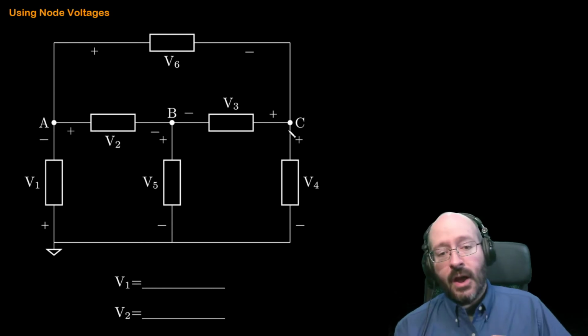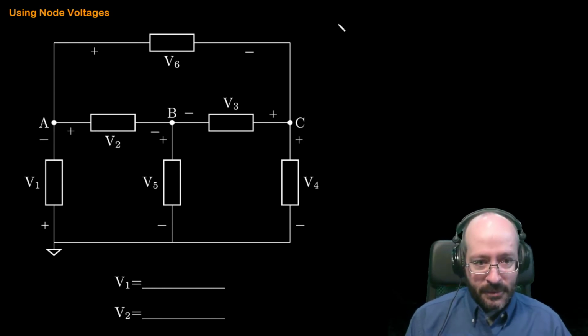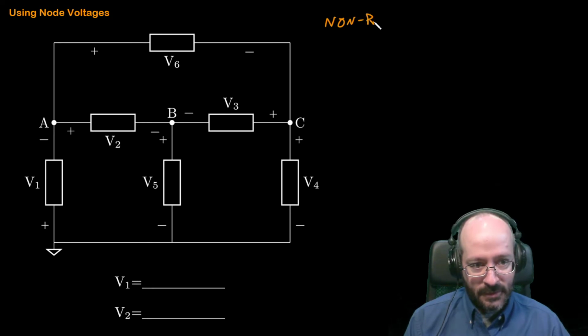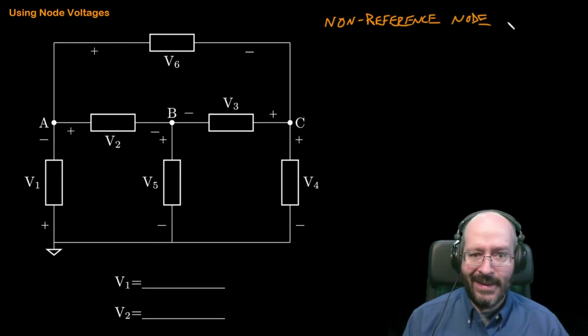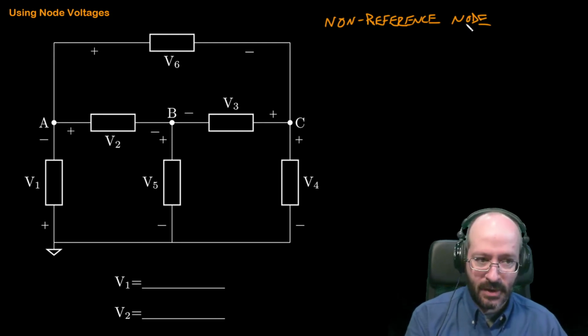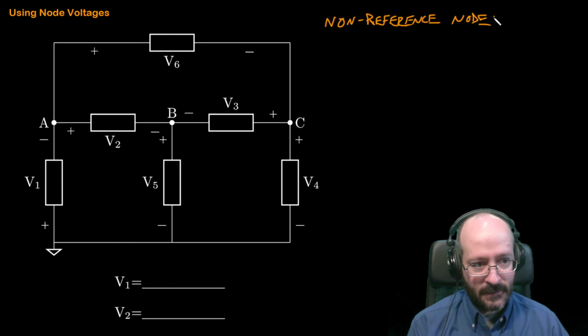Okay, so these are what we call non-reference nodes. So you'll hear me say non-reference nodes a lot. And when I say that, I mean any node that's not ground, because ground is our reference. Okay, non-reference nodes are the unknowns. And that's what we're looking for.